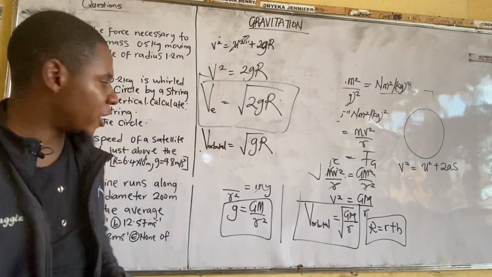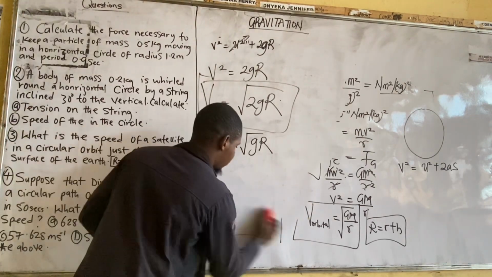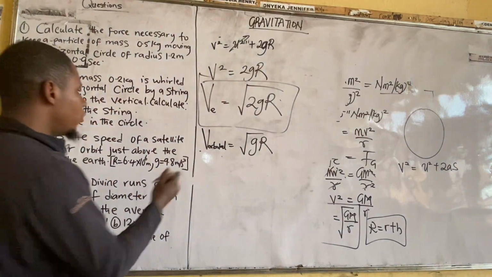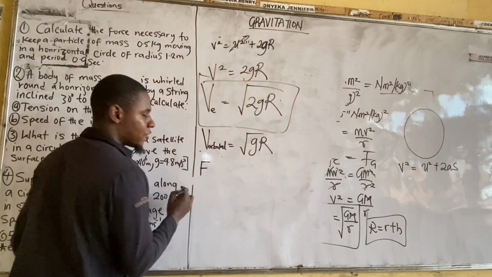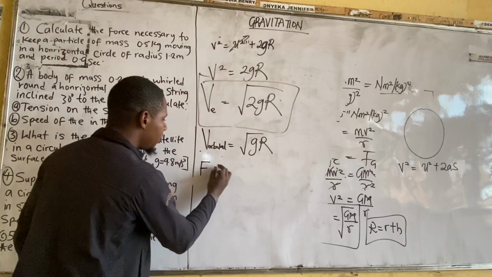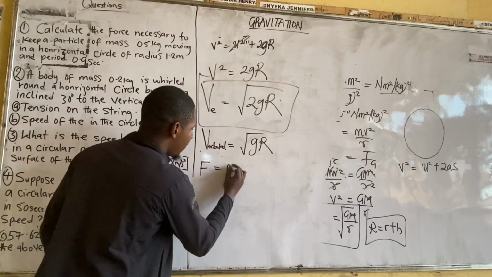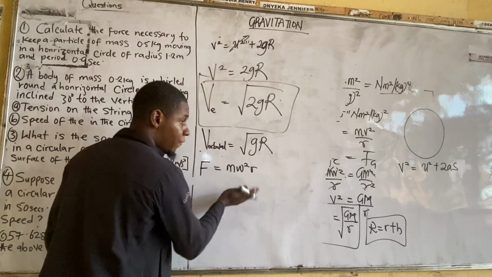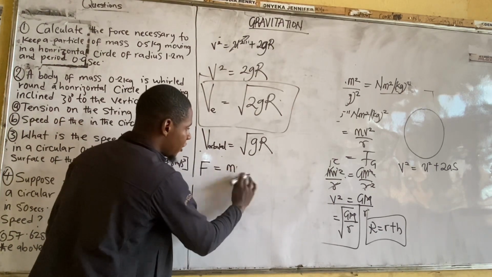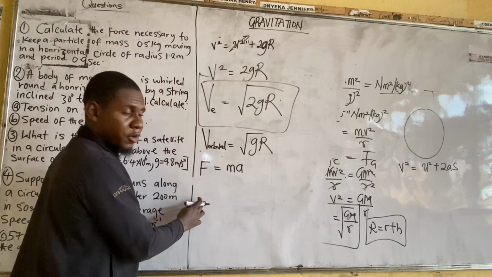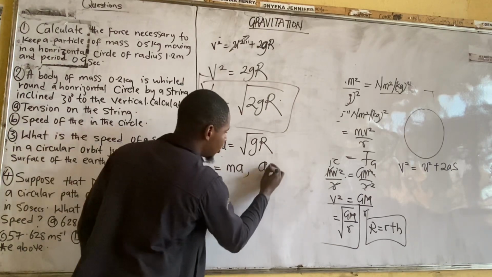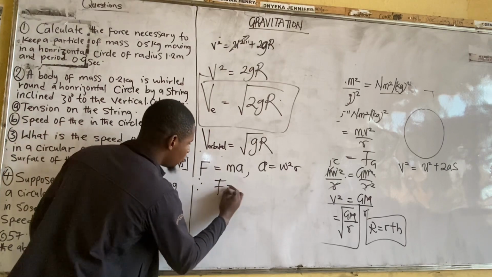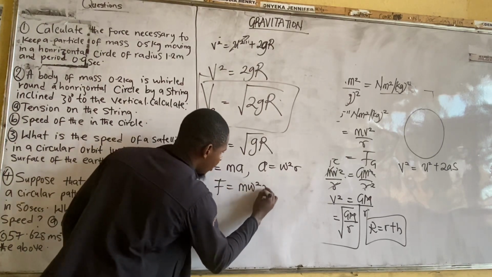Next is when we are talking about force. Generally, you've known before now that force in a circular motion is equal to m omega squared r. Because force is generally mass times acceleration, and in a circular motion, acceleration is omega squared r. So the force will be m omega squared r.